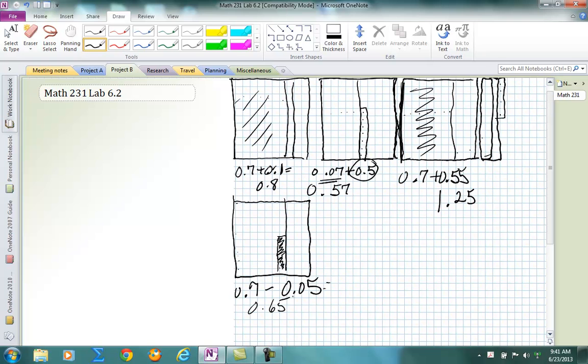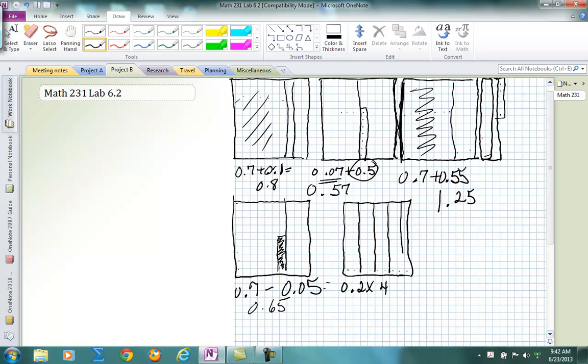Also, in multiplication, if you remember that multiplication is repeated addition, then when you draw your unit square, and you have 2/10 times 4, you're going to model 2/10 4 times.